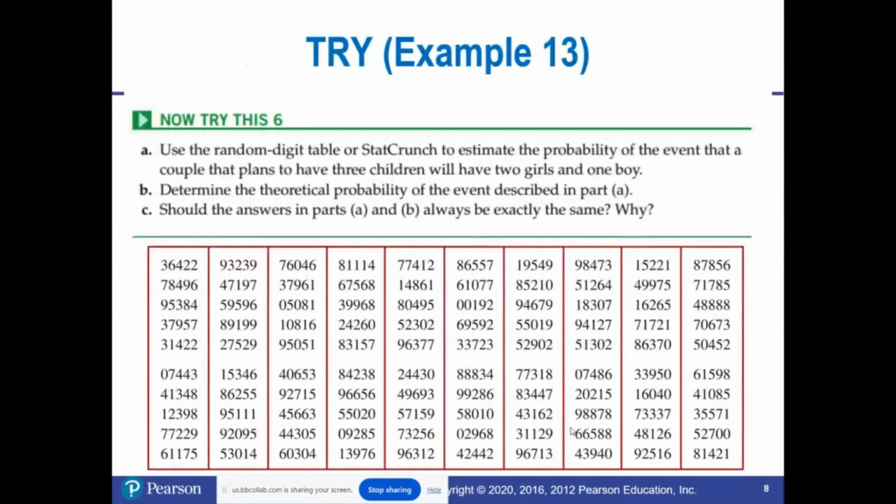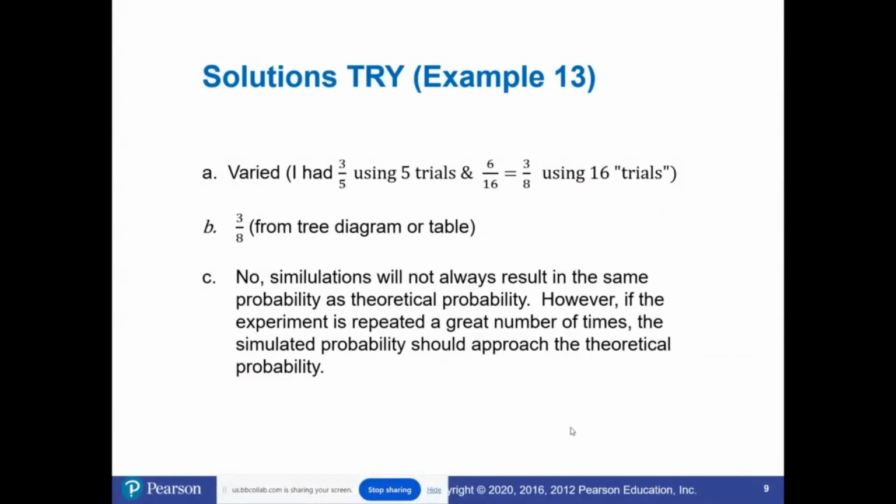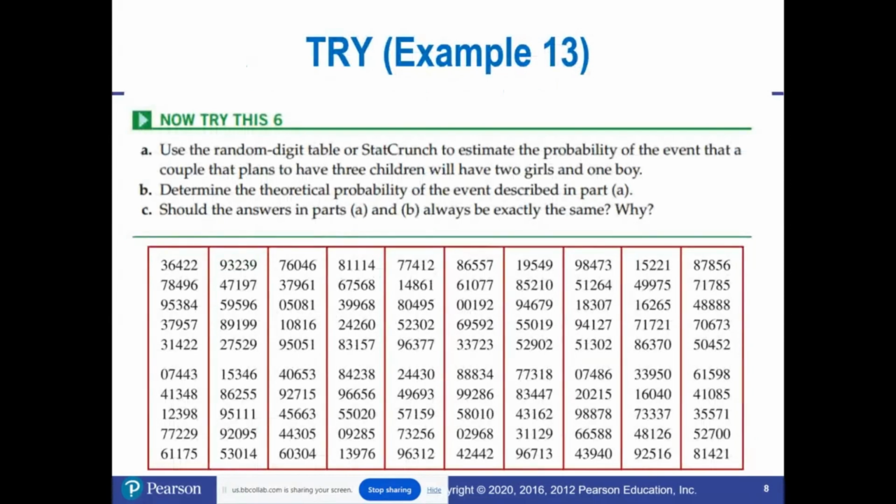Okay, when you do this, it's going to vary. It's going to depend on your random digit table. Even if you're using the one that I've given, it will depend on where you start. I just picked one. I counted girls as even and boys as odd, and then I picked a number and went through and started saying, okay, the 9 represents boys, so boy, girl, boy, boy, boy, boy, boy, boy, girl, boy, and so on.